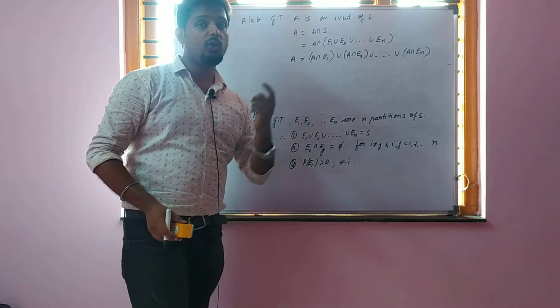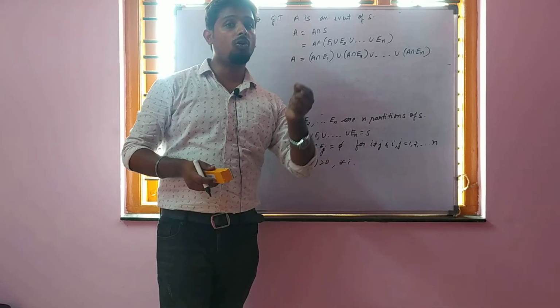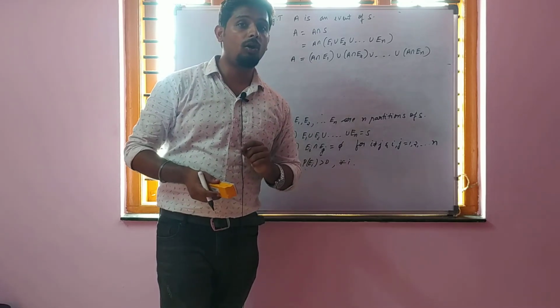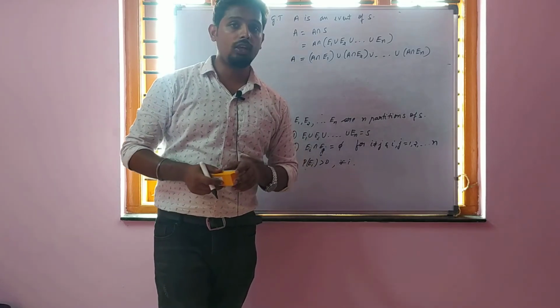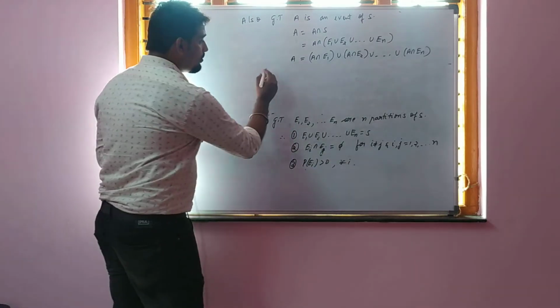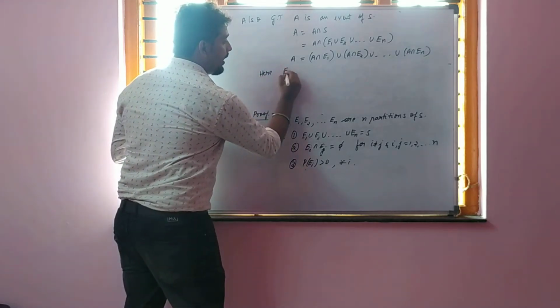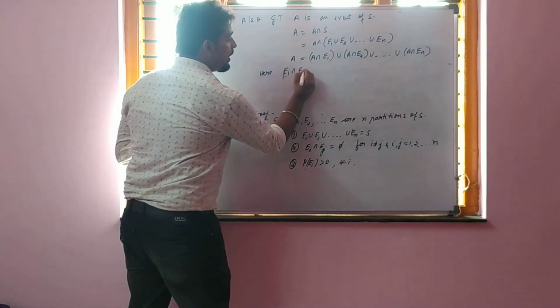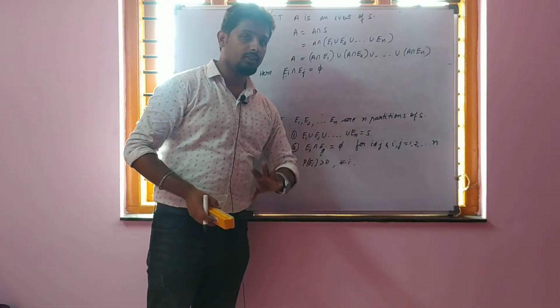If I consider any two events and check whether there are common elements, and if there are no common elements, then their intersection will be empty, right? And definitely the probability will be 0, right? So here EI intersection EJ is equal to empty, and the rest of the things I have mentioned here, it's enough.